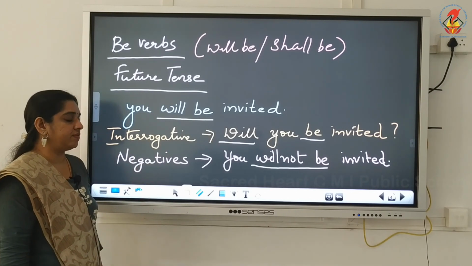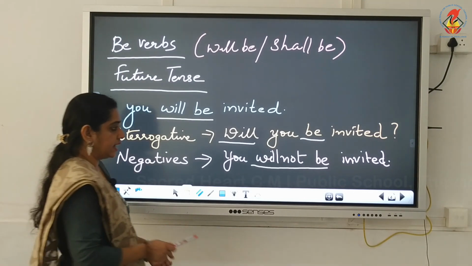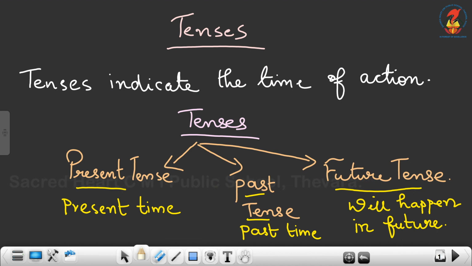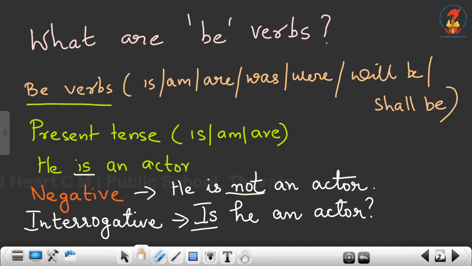Okay. So, what did we study? We studied be verbs. What are be verbs? Be verbs are am, is, are, was, were, will be, shall be. Be verbs used in present tense are is, am and are. Be verbs can be used to make a sentence negative by adding not. Be verbs can be used in the beginning of a sentence in order to make it interrogative.